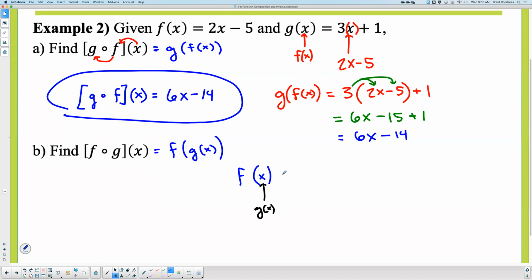So if f of x is 2x minus 5, we're going to substitute in for this x. And if there were multiple x's, you do it for every single x. What are you going to replace this x right there with? With g's equation, which is 3x plus 1.